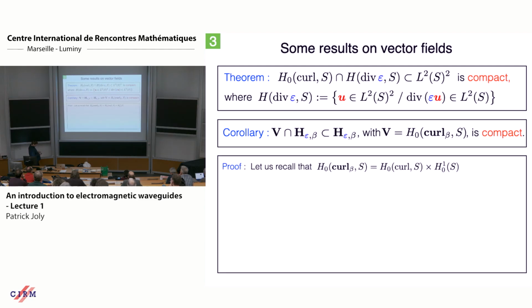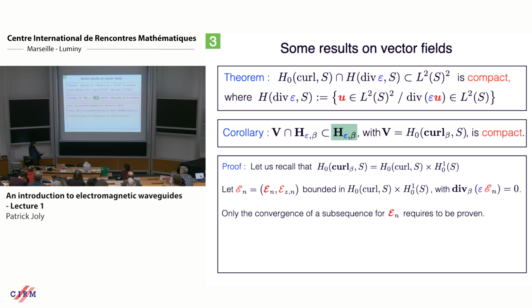You remember that this curl beta space is this product. If you take a sequence which is bounded in this product, of course you only need to look at the transverse field, because H10 is already compact in L2.